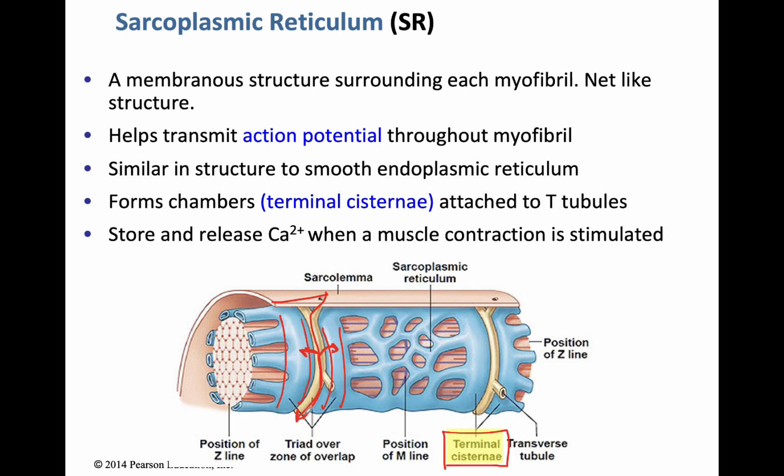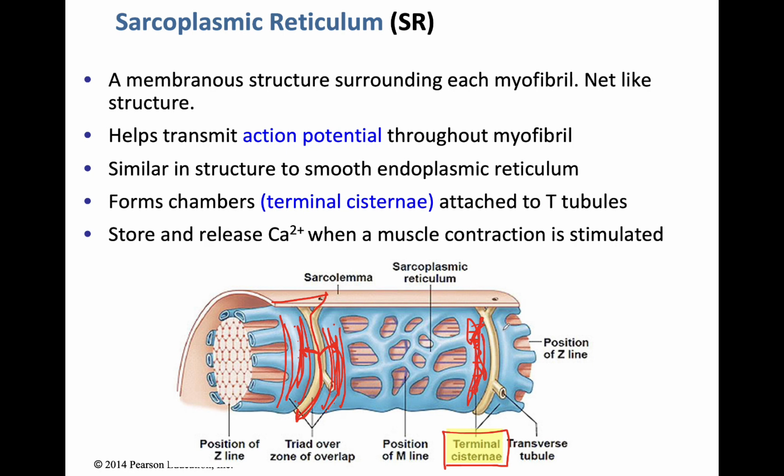We're doing this all at the same time. That voltage charge that hits the terminal cisternae gets the terminal cisternae really excited. And when I say really excited, it means that it allows these doors, these open channels in the terminal cisternae, to open and allow the calcium that's stored in here, which is a lot of calcium, by the way. These terminal cisternae store a ton of calcium.